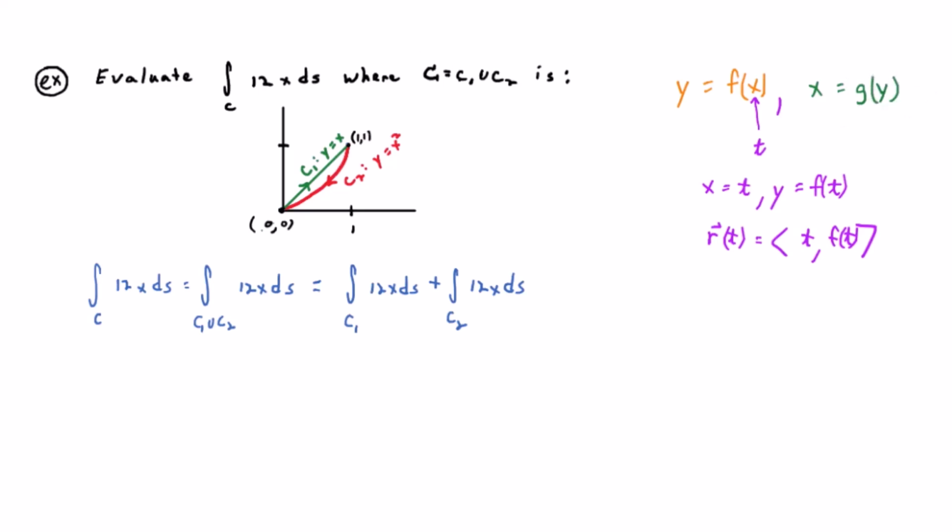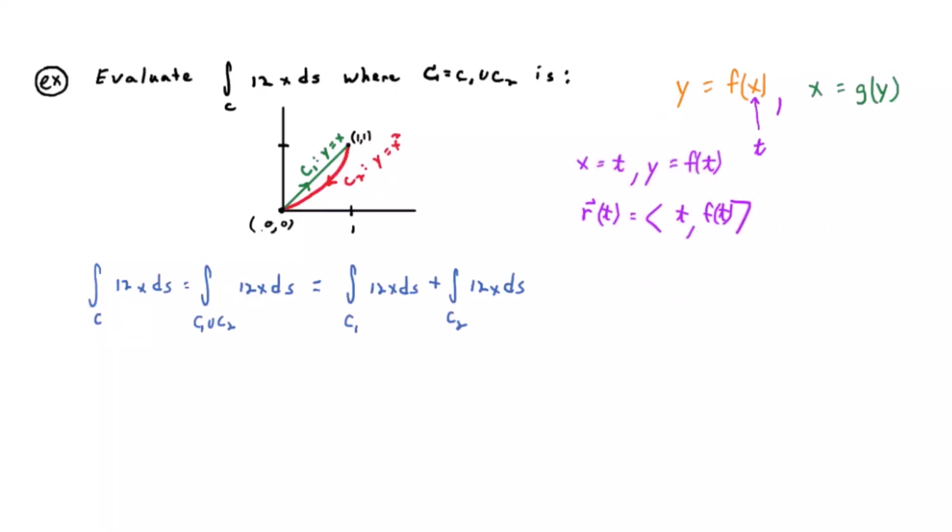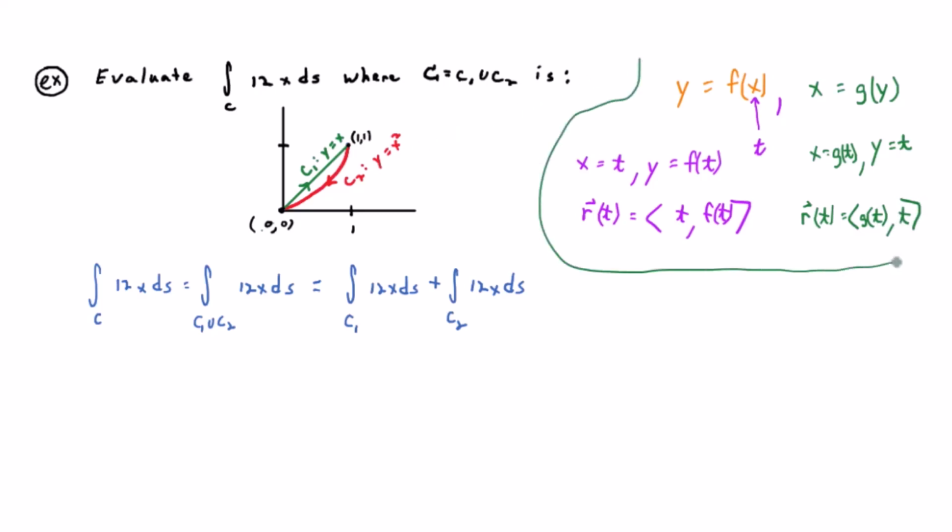You would let y be the input, so I'd say let y equal t, but I'll put x on the left, which makes x equal g of t. Or in vector valued function form, r of t is <g(t), t>. Okay, so this is generic right here, and it's good to keep in mind.